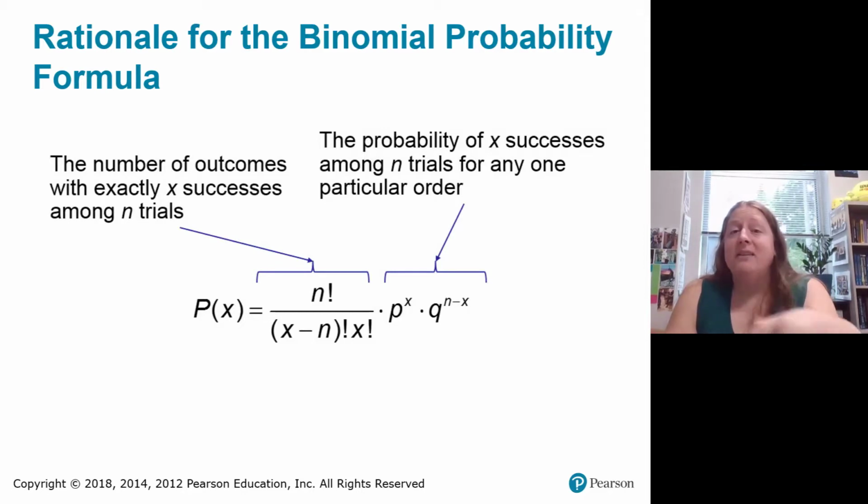So I'm going to be adding it to itself over and over again for as many possible orders as there are. And adding something to itself over and over again is just multiplying. So if I multiply by the number of possible orders for my successes and failures to come in, then I have my probability of X successes. And that's what this formula is doing. So don't let the formula intimidate you. Just remember what it's doing and be able to do that whether it looks like this or not.